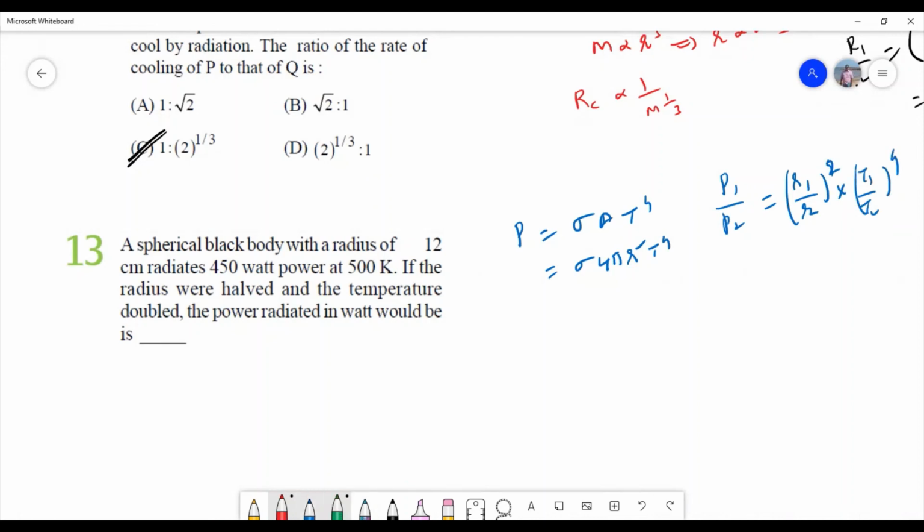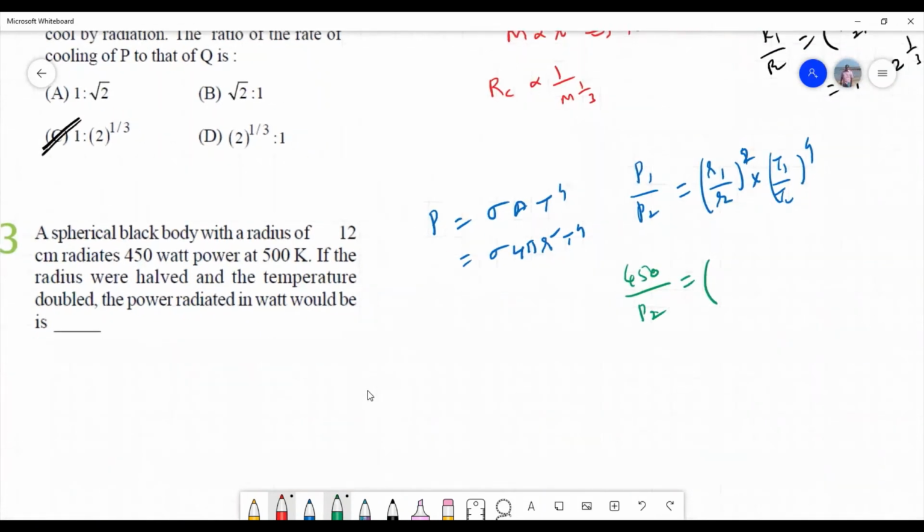Initially the power is given as 450 upon P2, which we don't know. And there is a relation given between R1 and R2. Initial radius is 12 centimeter. Now if the radius were halved, it becomes 6, whole square, and if the temperature is doubled, T1 by 2T1 whole power 4.